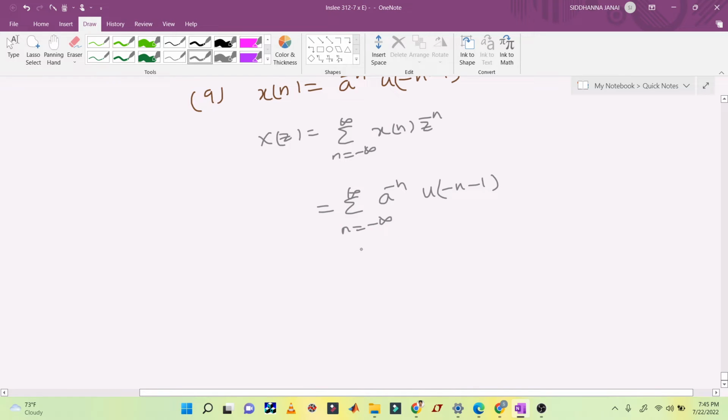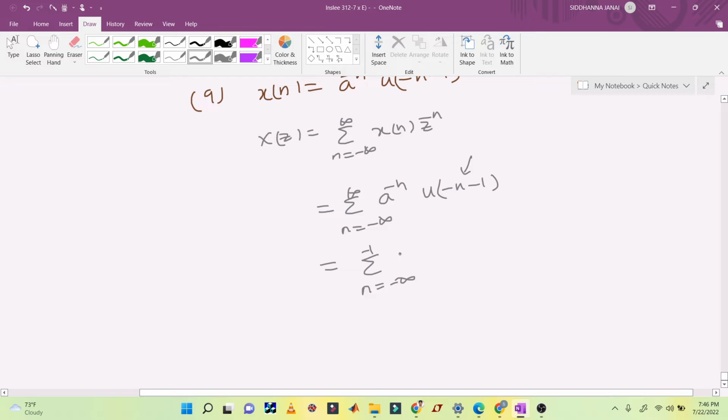So this is a standard unit step which will lie from n equals minus infinity to minus 1.